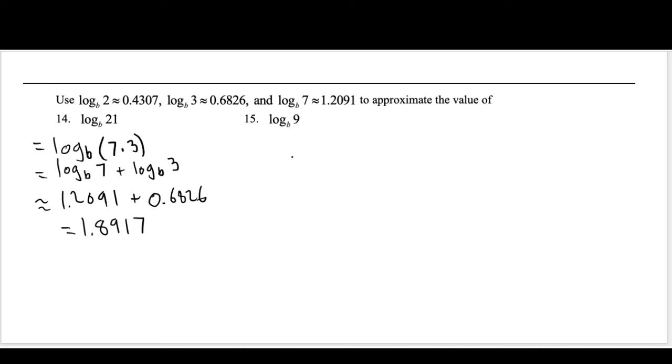Similar approach here. Log base b of 9, well, 9 is equal to 3 squared, right? So I could write this as log base b of 3 squared. Then I could apply the power rule and write this as 2 times log base b of 3.